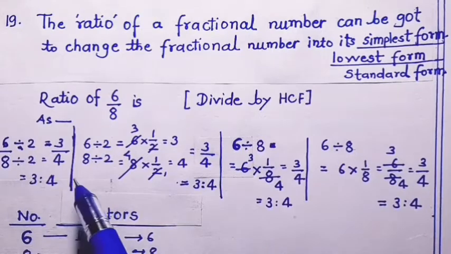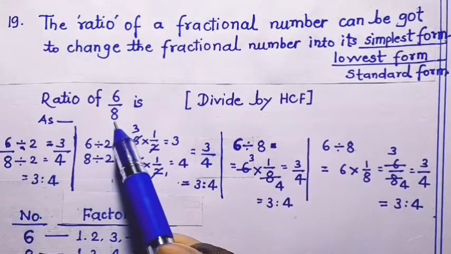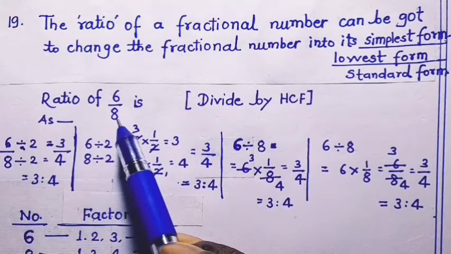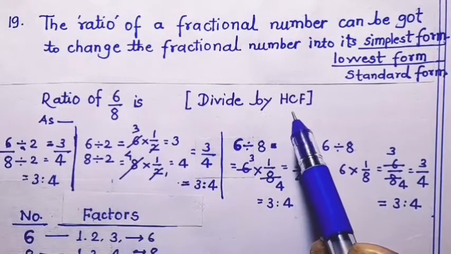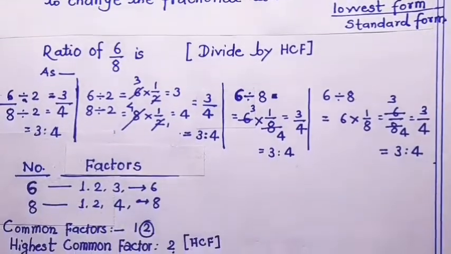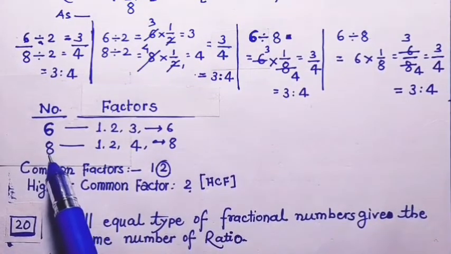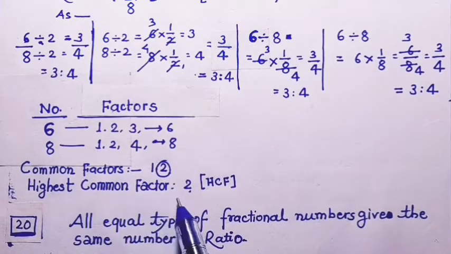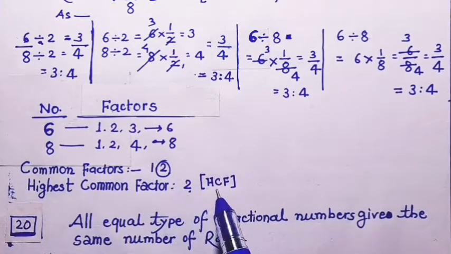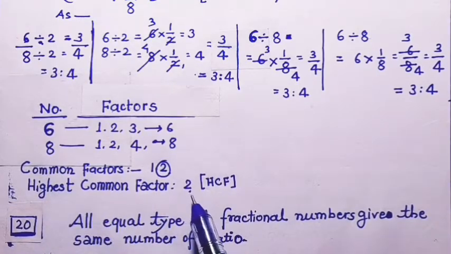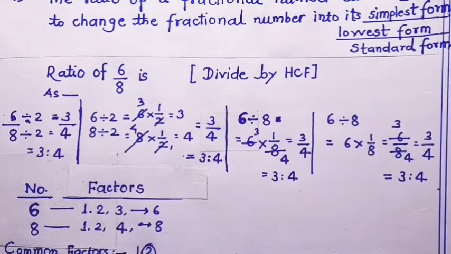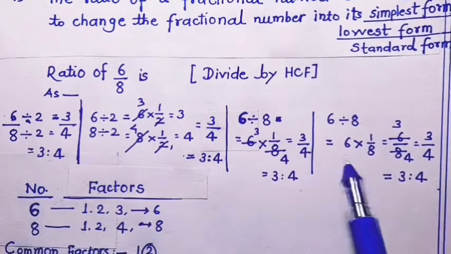Suppose that we have to find the ratio of 6 by 8. This 6 by 8 will be divided by their HCF. The HCF of 6 and 8 is 2, and we can get the ratio of 6 by 8 in the following ways.